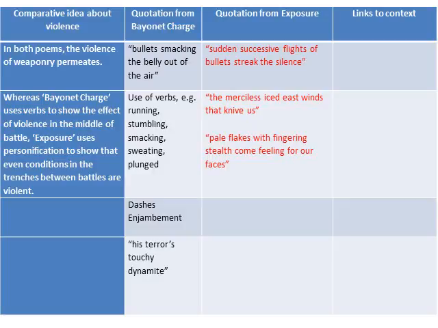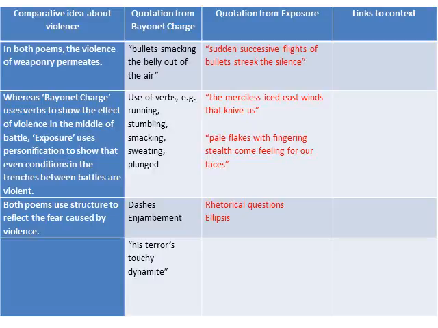It could compare nicely to the pattern of personification of the weather in Exposure. So I'll choose my 2 quotations about that from the second poem, and I'll make the comparative point, whereas Bayonet Charge uses verbs to show the effect of violence in the middle of battle, Exposure uses personification to show that even conditions in the trenches between battles are violent.